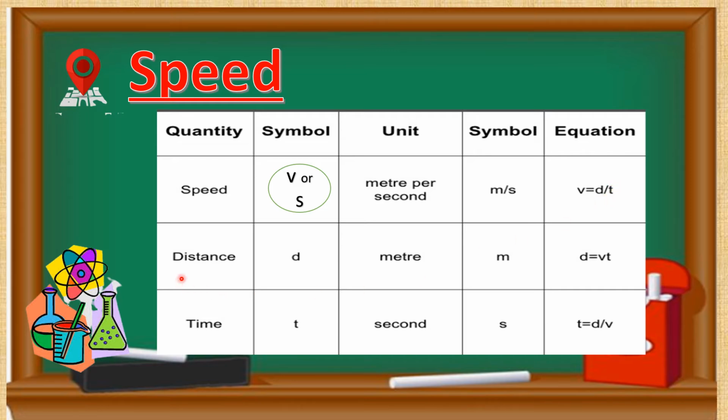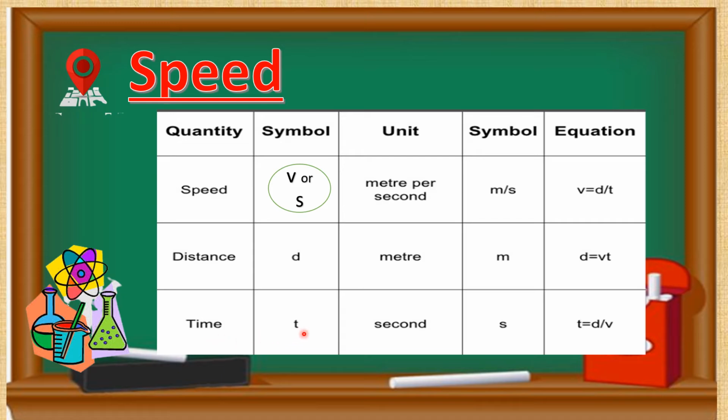The next one is distance. The symbol for distance is letter D. The unit for distance is meter. Again, meter. The symbol for meter is letter M. And the equation on how we're going to get the distance is V times T, or distance is equal to S times time, or S times T. Next is time.